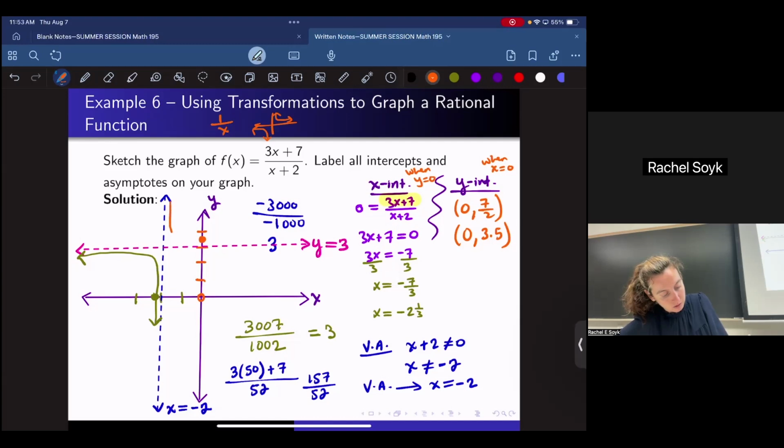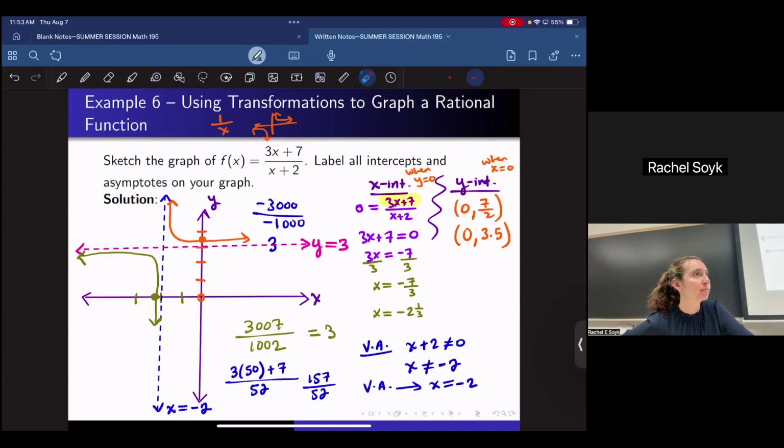We're going to end up with this. And there we have it. We just have shifts that are taking place and some stretching. Any questions?